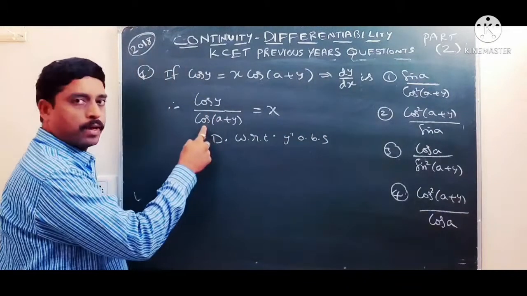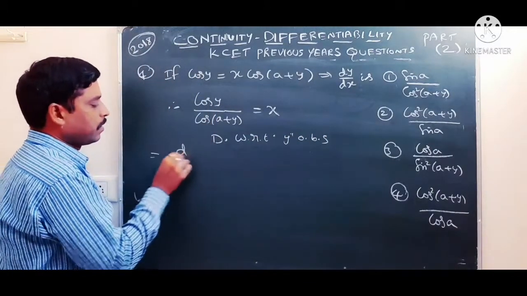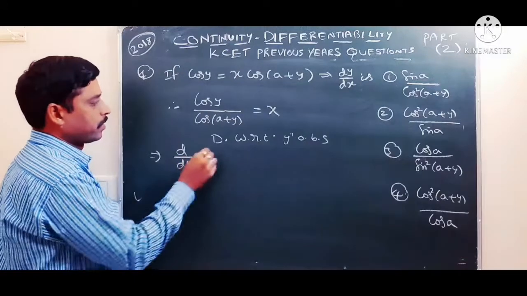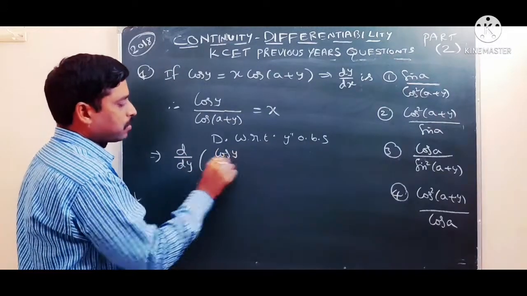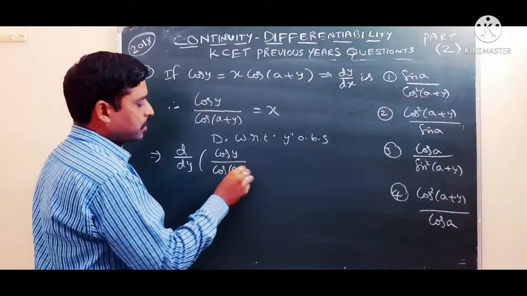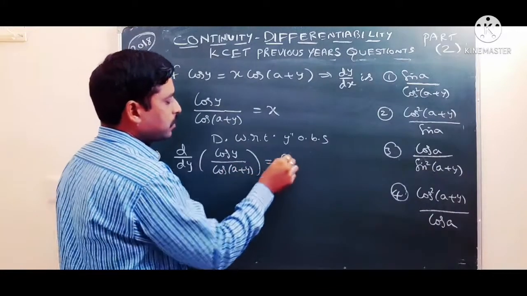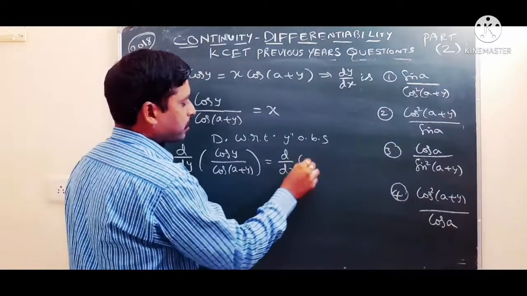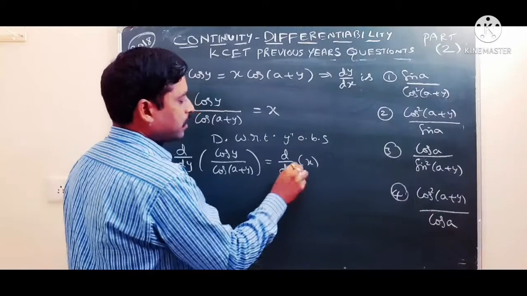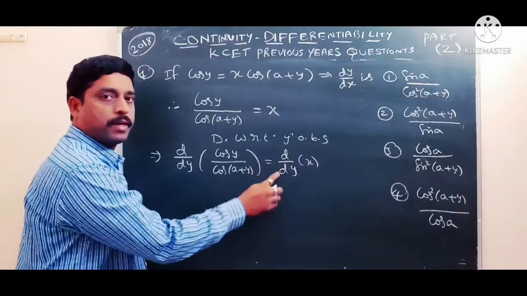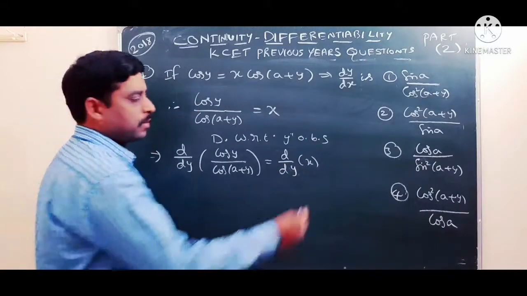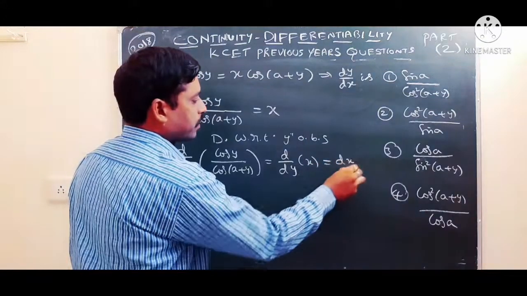So by using the u by v formula, d by dy of cos y by cos of a plus y will be equal to d by dy of x. This is nothing but dx by dy.